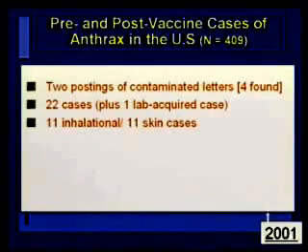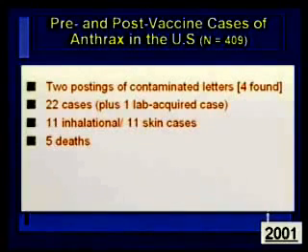So the vast majority of these cases was inhalation. And that's why there were 5 deaths as well, because inhalation anthrax is most dangerous. Not only that, but this was such a rare disease that it was not recognized immediately.